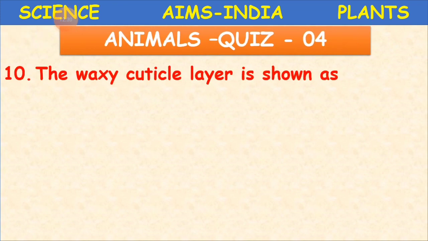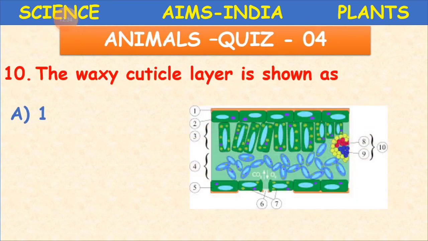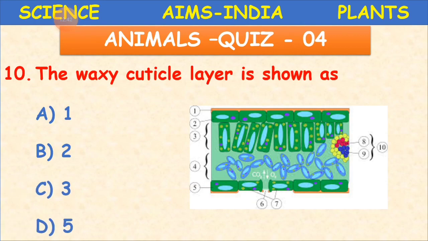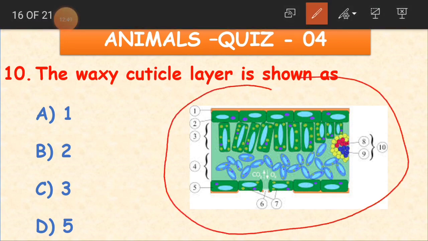The waxy cuticle layer is shown as A is 1, B is 2, C is 3 and D is 5. If you see here in the picture, there is a diagram with numbers: this is 1, this is 2, this is 3 and this is 5.